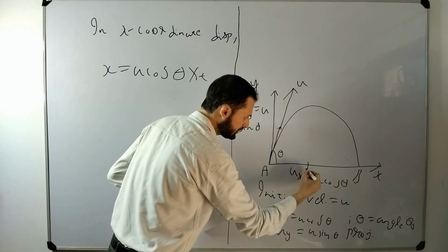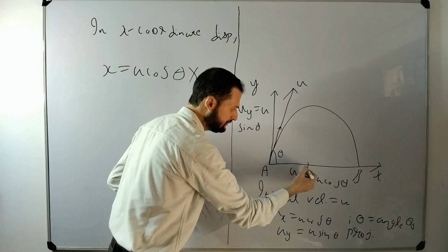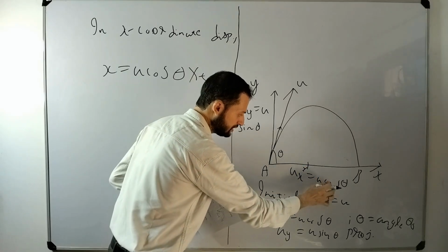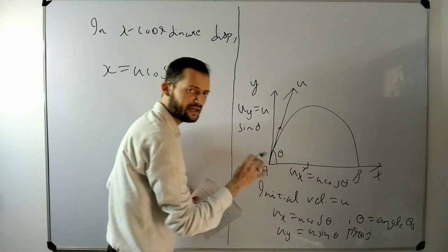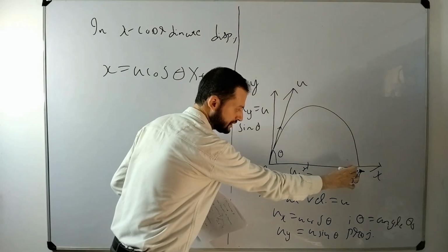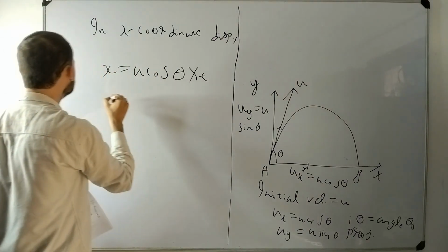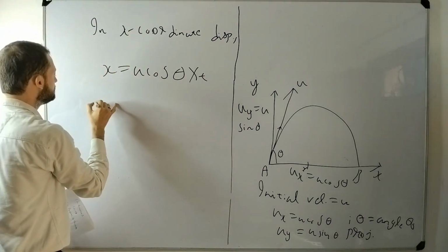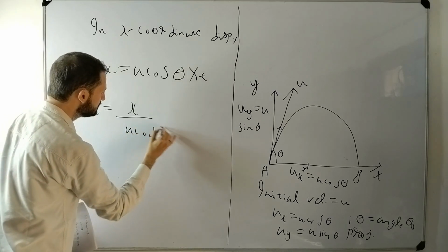So if x is here, then in time t, the velocity component multiplied by time will give me the x distance, not the complete range. Right students? Then t is equal to x over u cos theta.